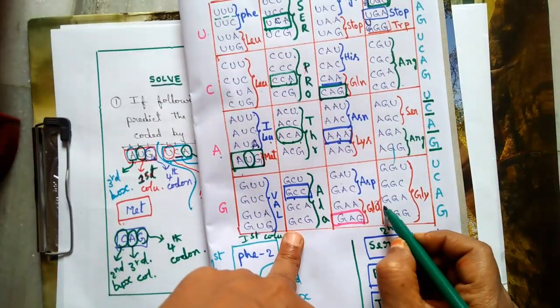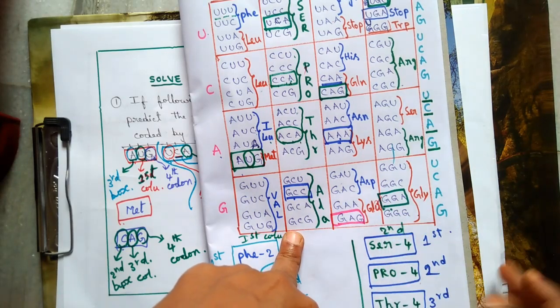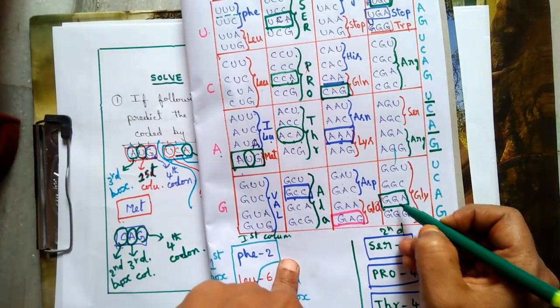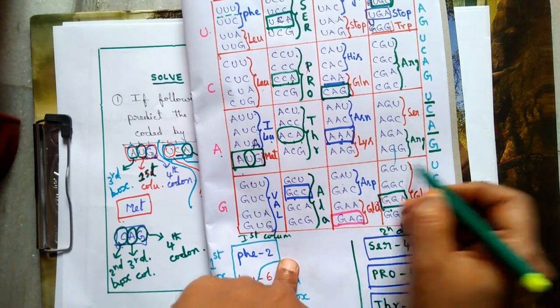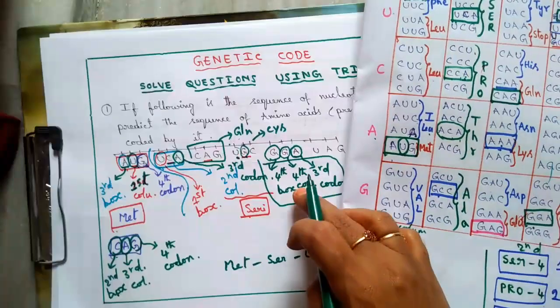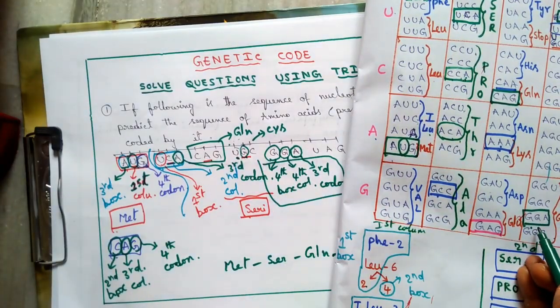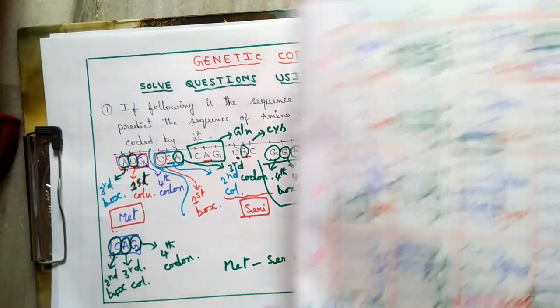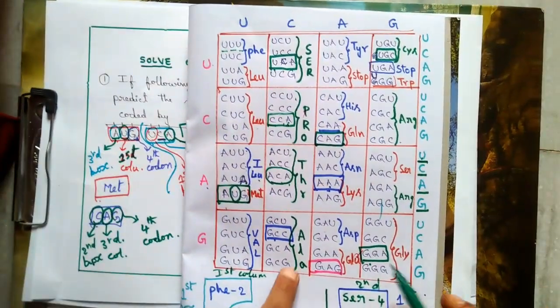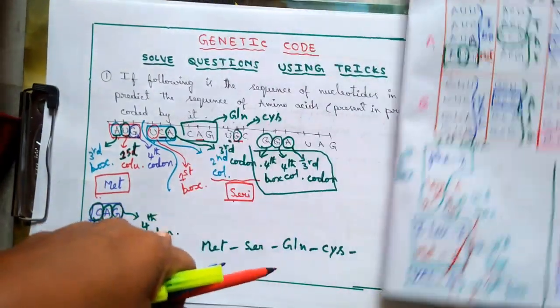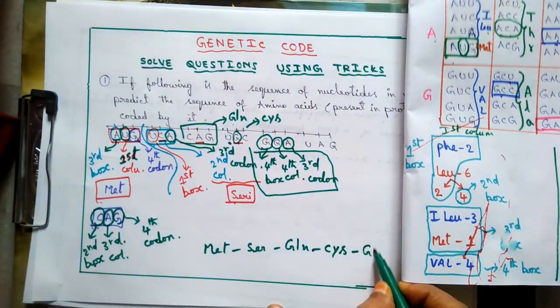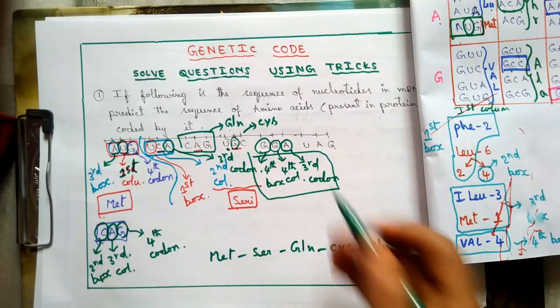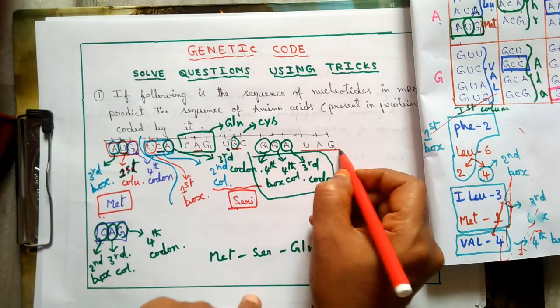GGA. Third codon, 1, 2, 3. So like this we have to translate. It codes for what? Glycine. The last codon is anyway a stop codon.